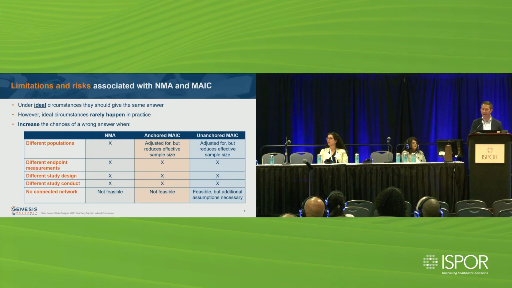In anchored MAIC, that's relaxed a little bit more, where you need to make sure that you do measure all of your treatment effect modifiers and not have large variation in prognostic factors. Those are important to consider when you're thinking about moving forward with each of these, which I'll talk about on the next slide.